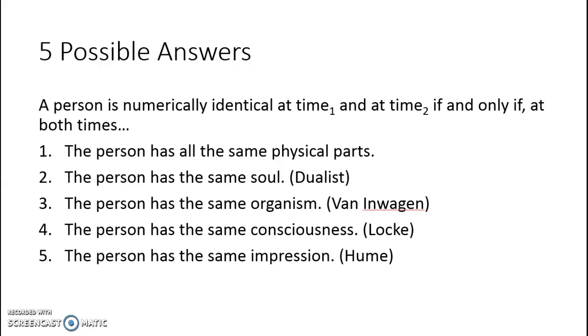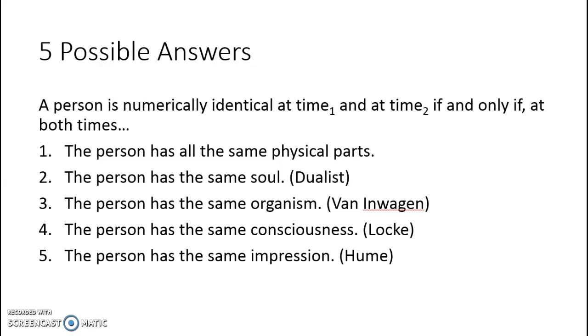You might say, like John Locke says, that a person is the same person at 2 different times if they have the same consciousness. Now, what Locke really means there is they have the same memories. So Locke's idea is that if you can remember the stuff you did on Tuesday, then you're the same person today as you were on Tuesday. That's his big idea. We'll talk about that more in a second. And then you might take the very skeptical position of David Hume, which is there is no personal identity.